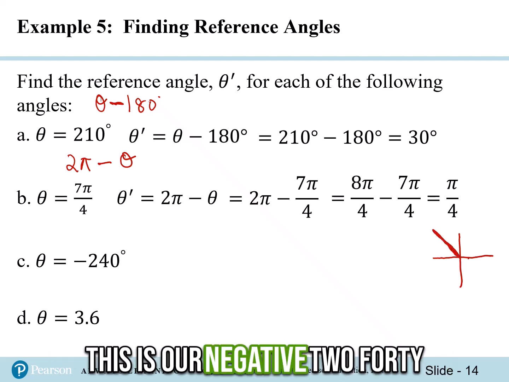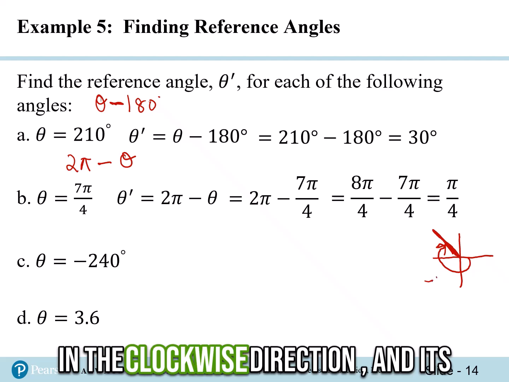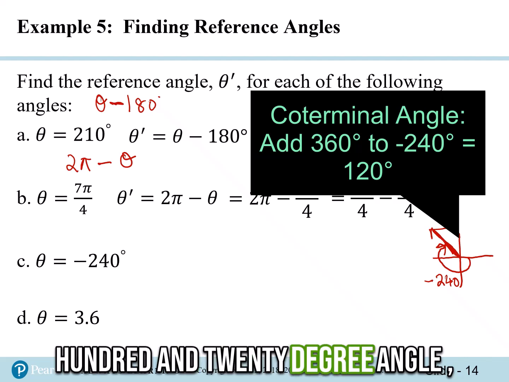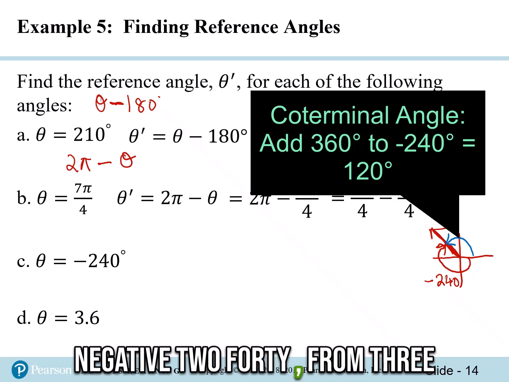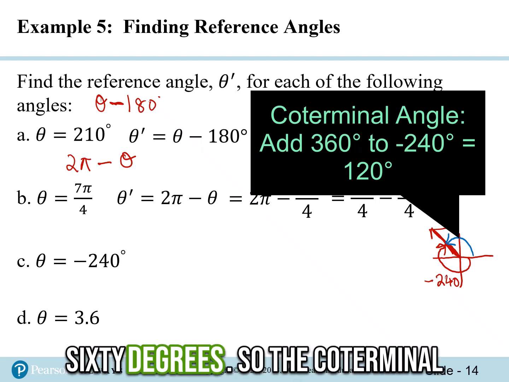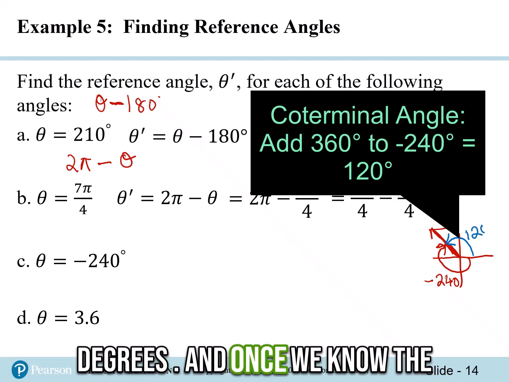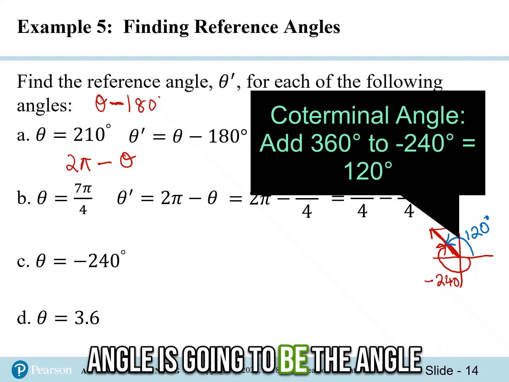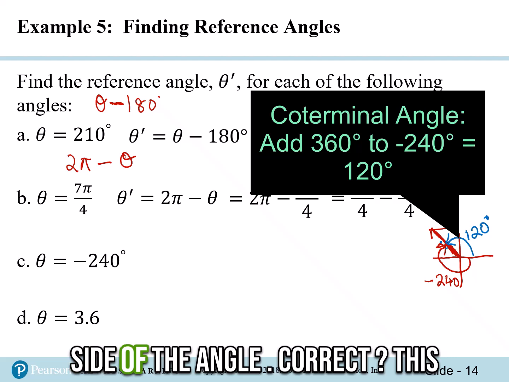This is our negative 240 degrees by moving the terminal side in the clockwise direction, and its coterminal angle is going to be 120 degrees, which you find by subtracting 240 from 360 degrees. So the coterminal angle is 120 degrees, and once we know the coterminal angle, the reference angle is going to be the angle between the x-axis and the terminal side of the angle, correct?